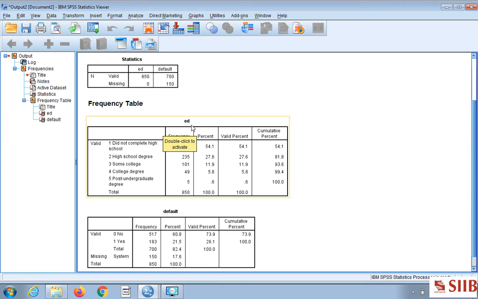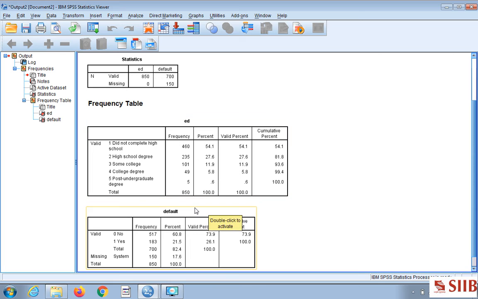So ED stands for education, and default stands for whether they previously defaulted on the loan given to them or not. Overall, if you observe the 850 sample, the education variable clearly says that 460 people did not complete their high school, whereas only 5 of them have completed a postgraduate degree.